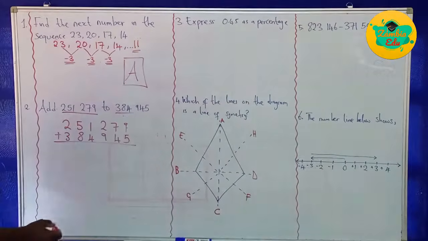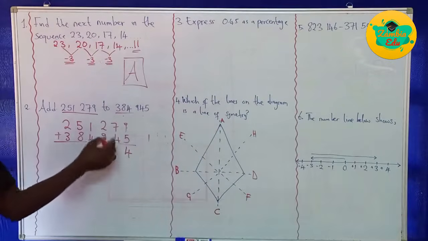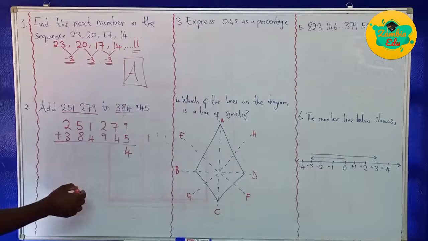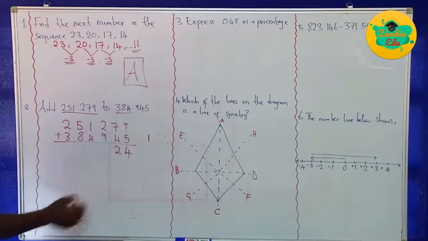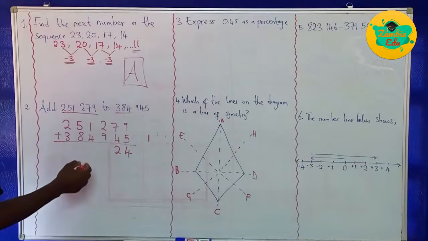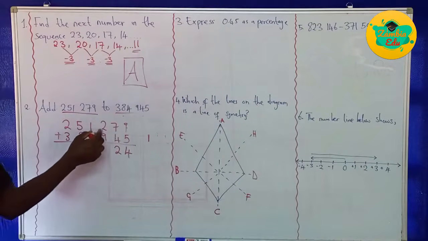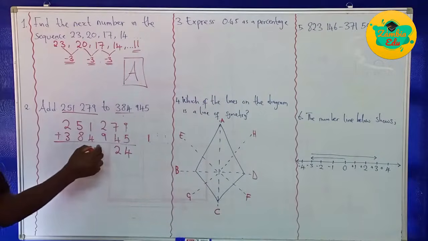9 plus 4, 14. So you write a 4, you carry a 1. 7 plus 4, 11. Plus that 1, 12. So you write a 2, carry a 1. The 1 is the remainder here, so you carry it. So you come to the next, 2 plus 9, 11. Plus 1, 12.